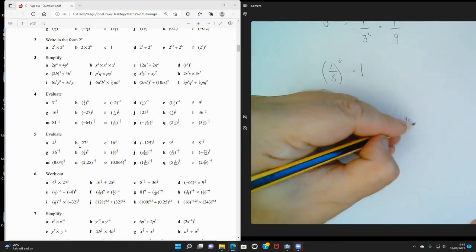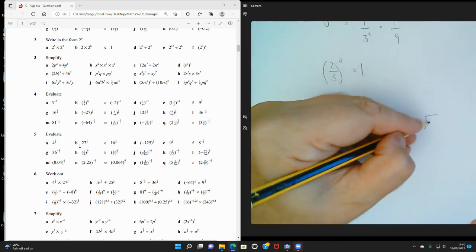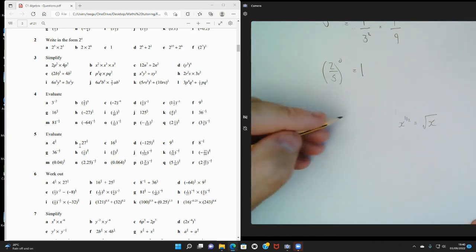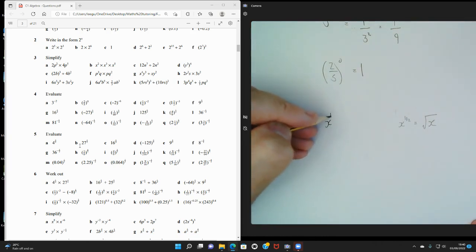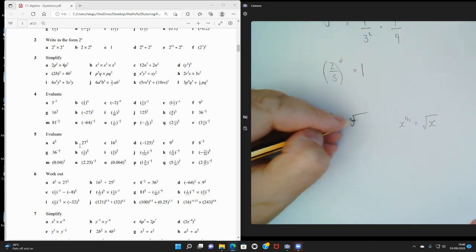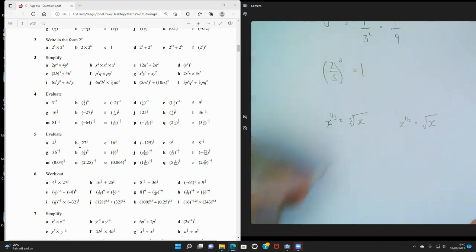Well, x to the power of a half is another way of writing root x. It's the square root of x. If I've got x to the power of a third, that's another way of writing the cube root of x. And then if I have x to the power of a quarter, that is the fourth root of x.